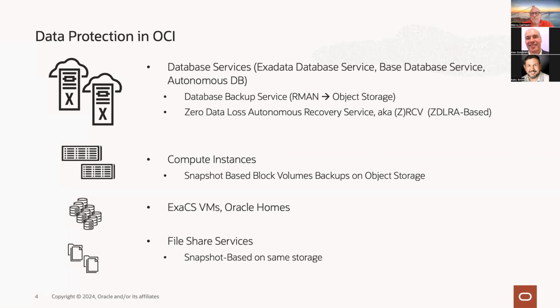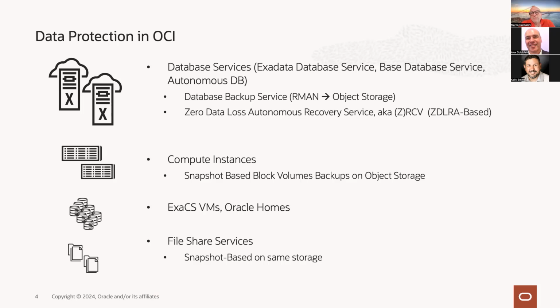What options are there when you want to protect your data in OCI? Well, for the database services, we are quite well covered. For the base database service, the autonomous database, or the Exadata database service, there is the Zero Data Loss Autonomous Recovery Service, which is the first option and the recommended option.